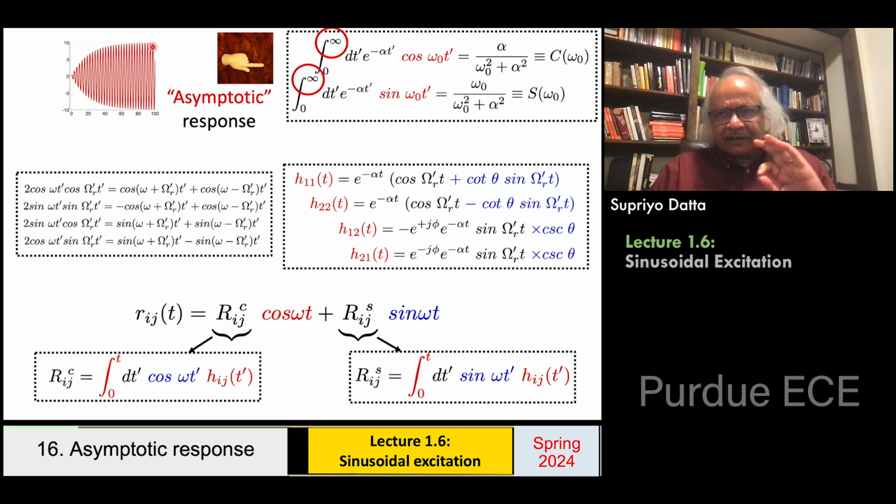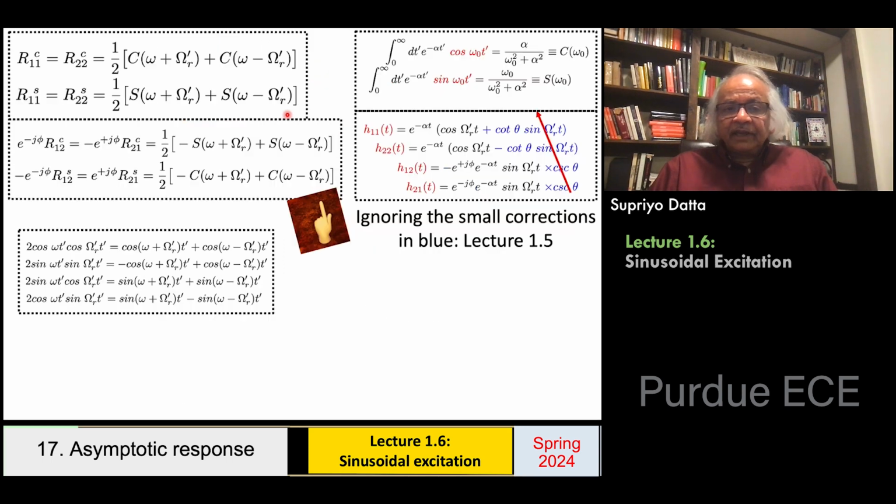What we want to know is, after it has had enough time to build up, what do we get? To get that limit, I extend this integral to infinity. Once this limit is so large that e to the power minus alpha t is very small, it really doesn't matter how big it is. So for this purpose, we just set it to infinity.